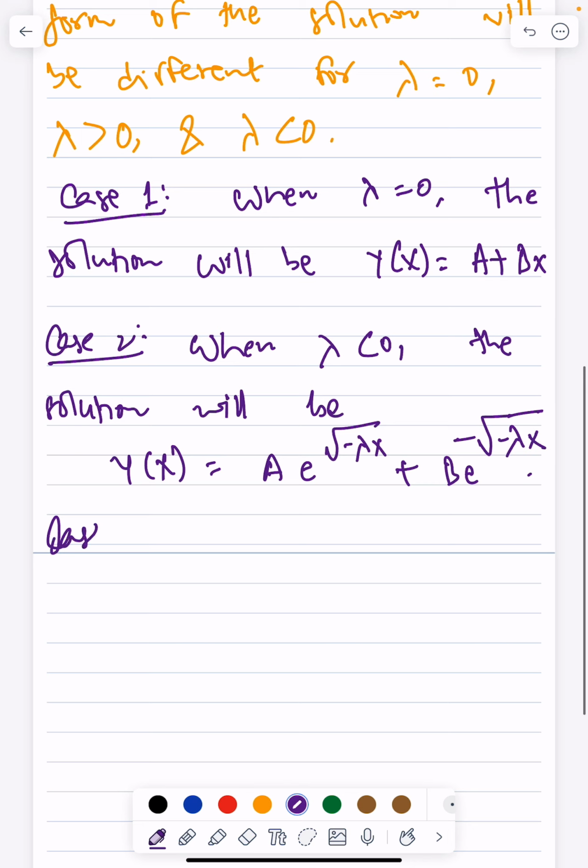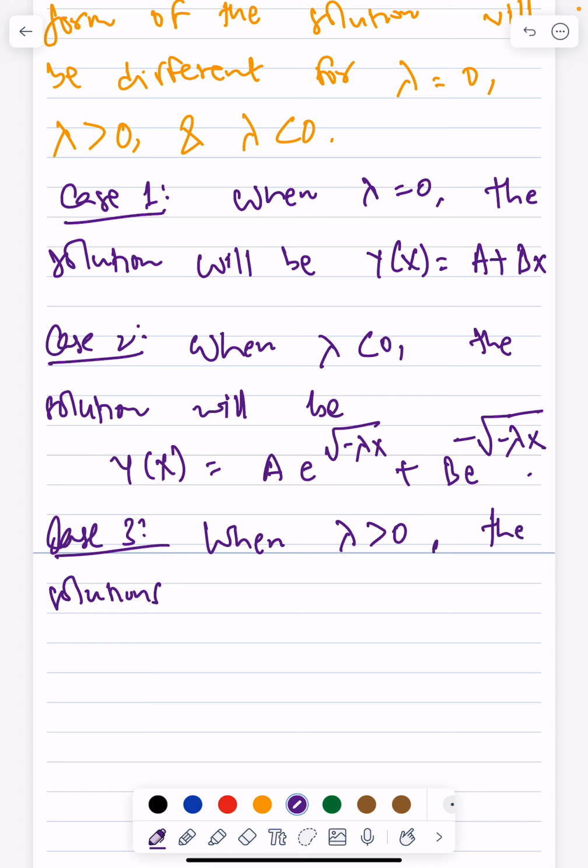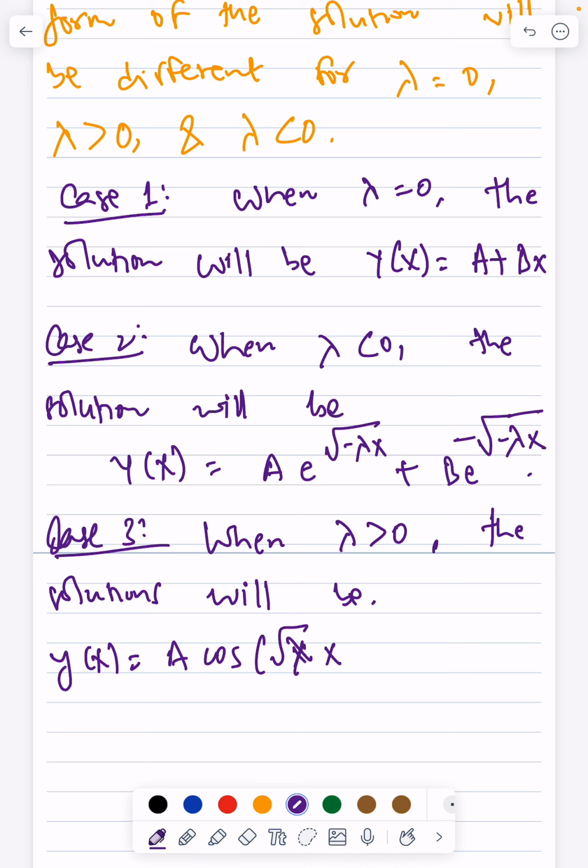Now case 3, when lambda is greater than 0, the solution will be a cosine of square root of lambda x plus b sine of square root of lambda x.